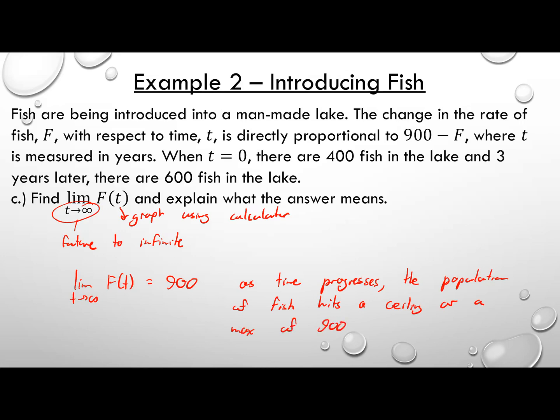The population of fish never gets any higher than 900 in this scenario. So that's kind of like the equilibrium point for this population of fish. At that point, it just stays relatively constant, and does not go above 900. So that's what it would mean in the context of the problem. As time progresses infinitely or without bound, the population just gets closer and closer to 900, but it never goes above it.